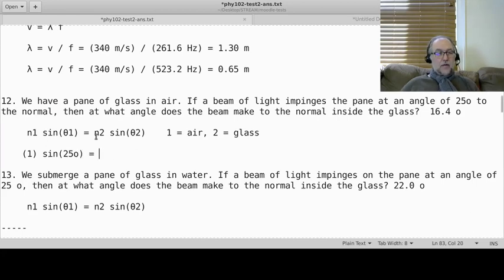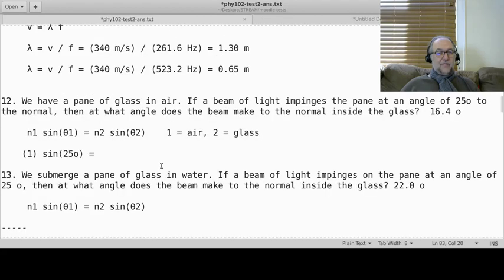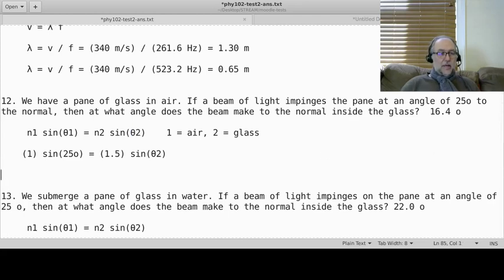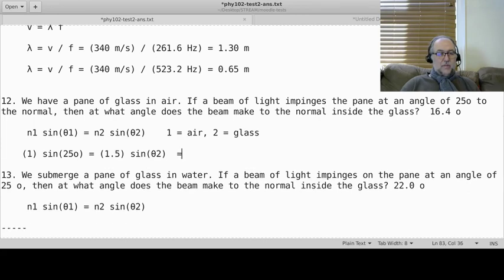And the index of refraction of glass is 1.5. So put 1.5 there. Sine of theta 2, and we don't know theta 2. That's what we're trying to solve for. I won't bore you with the algebra, but basically what you need to be able to do is take the inverse sine. I think most people know how to do that, so I'll just give you the answer here.